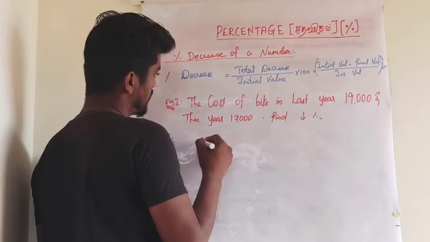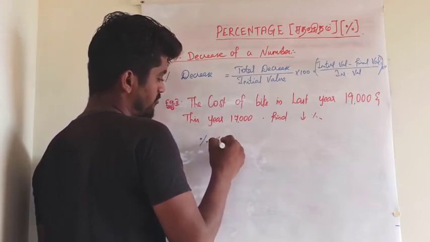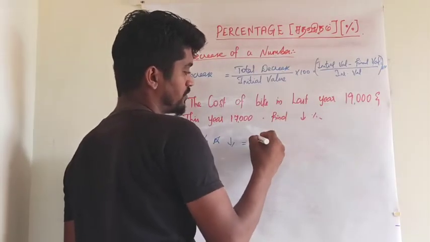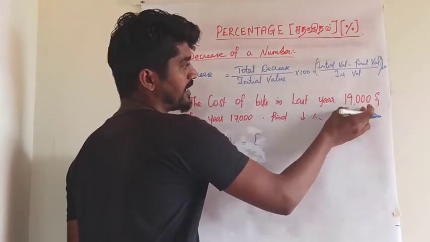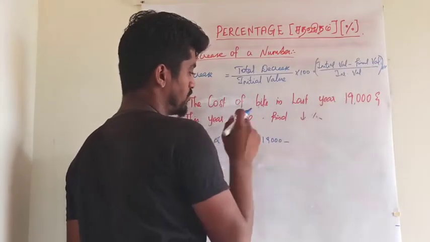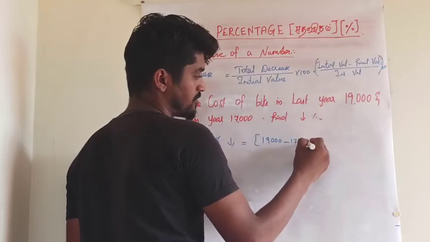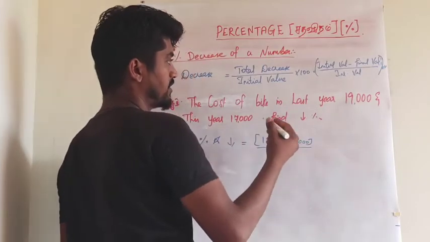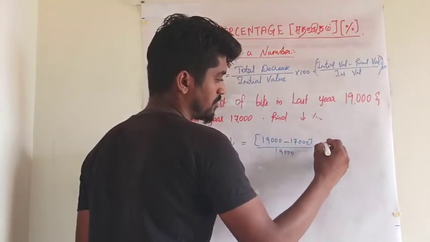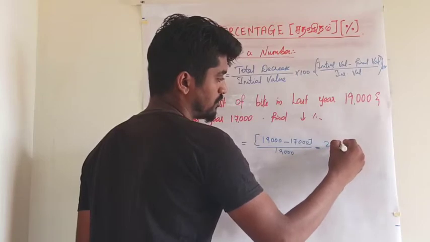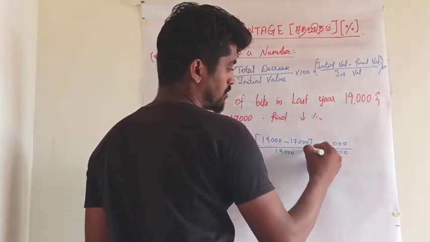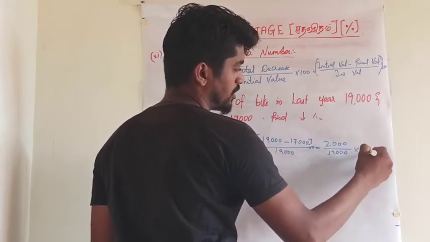So we have to find the decreasing percentage. From that formula, percentage of decrease is the total decrease value. It's nothing but the initial value 19,000 minus the final value, current year 17,000, divided by the initial value 19,000, which is 2,000 divided by 19,000, times 100.